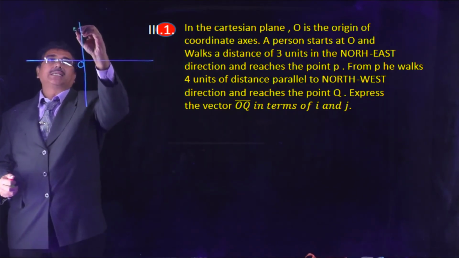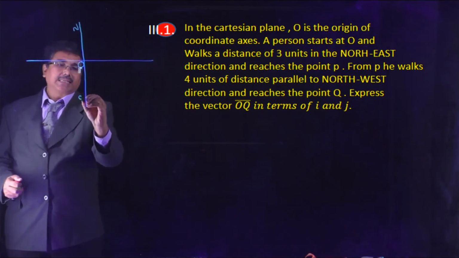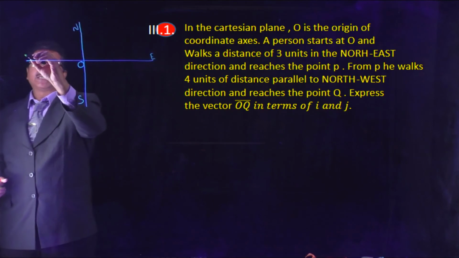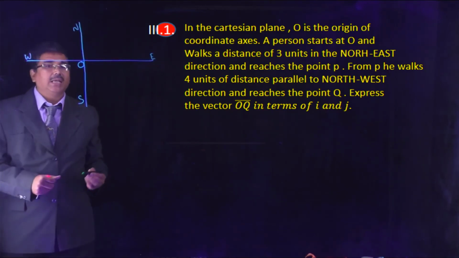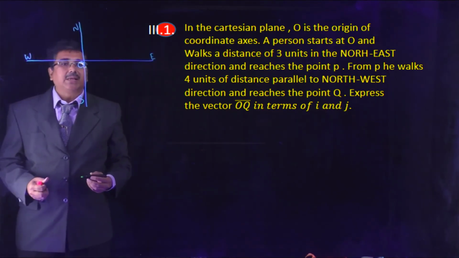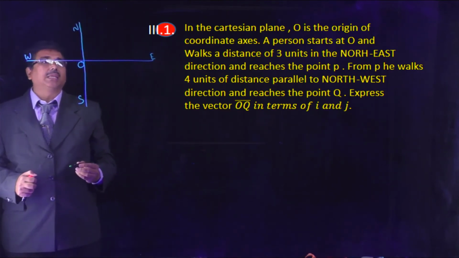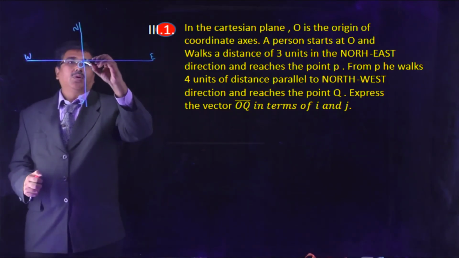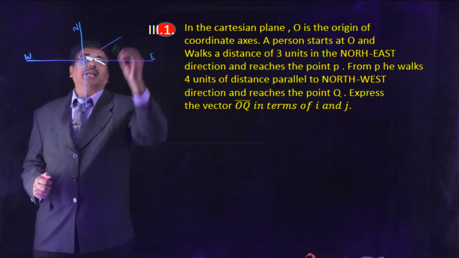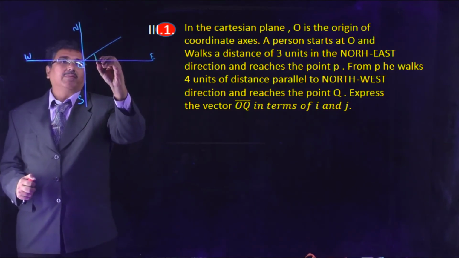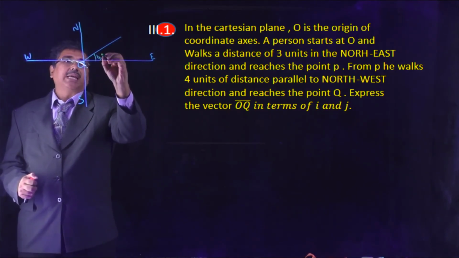Generally, this is north and this is south. This is east. This is west. Right? Okay. Starts at O and walks a distance of 3 units in the northeast direction. It makes an angle 45 degrees with the x-axis.